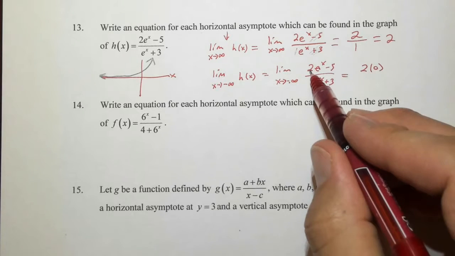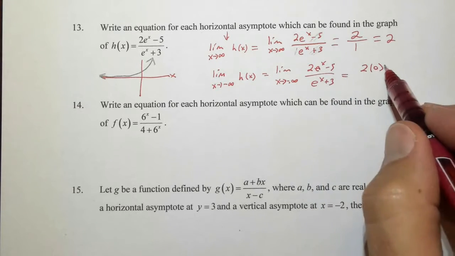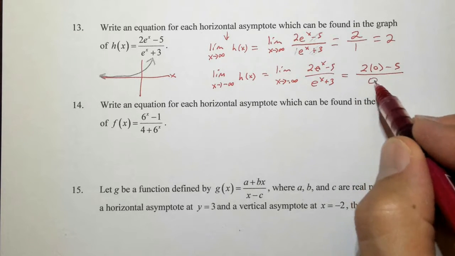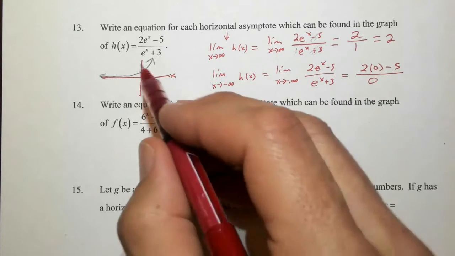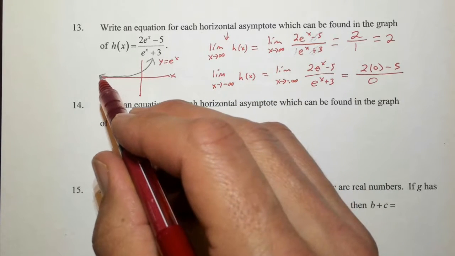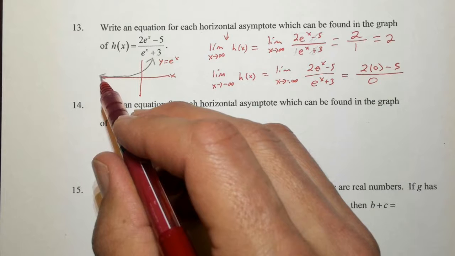So we have 2 times 0 minus 5 in the numerator, and we have 0 plus 3 in the denominator, because, again, here's the graph of e to the x, and when x gets really, really small way over here, the value of the function is pretty much 0.